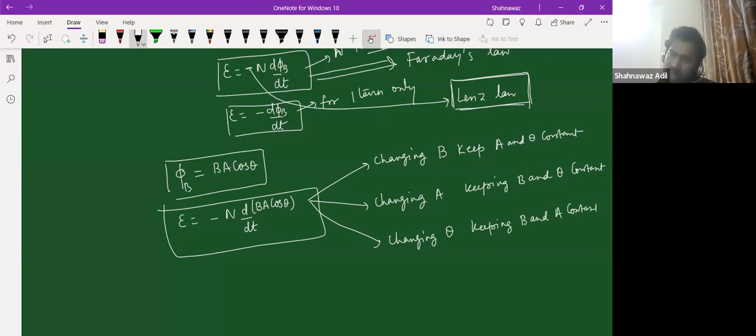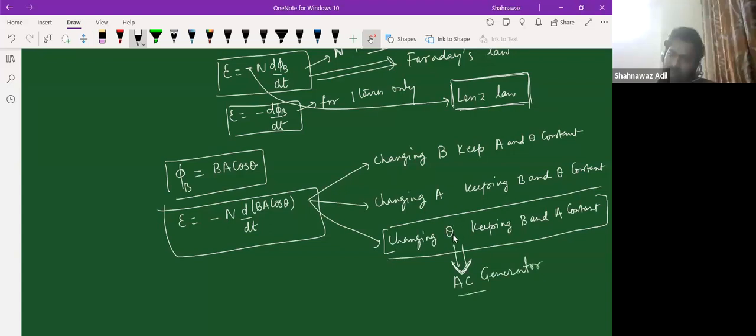So where have you seen this scenario? Yes, Archala. This is the scenario of an AC generator.